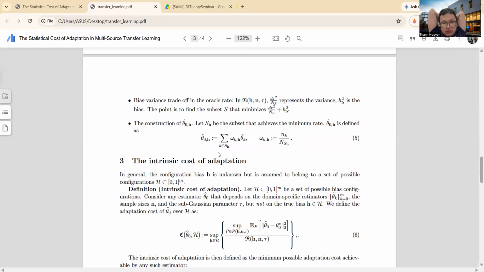I see. So I guess the main message is the same even for reinforcement learning, transfer reinforcement learning, hybrid reinforcement learning.